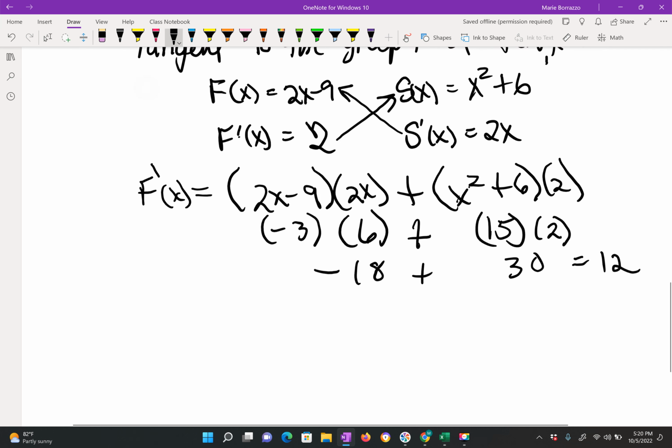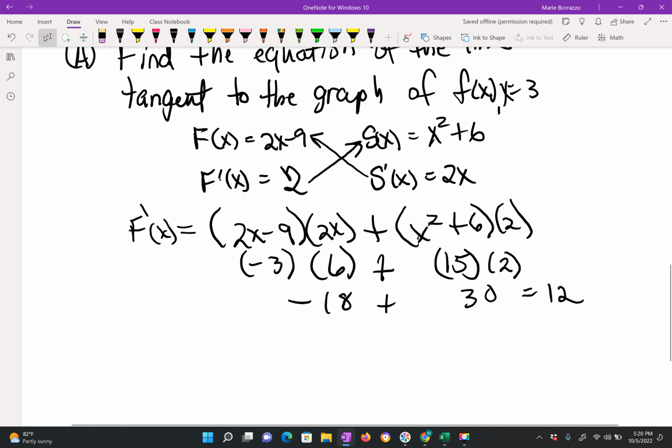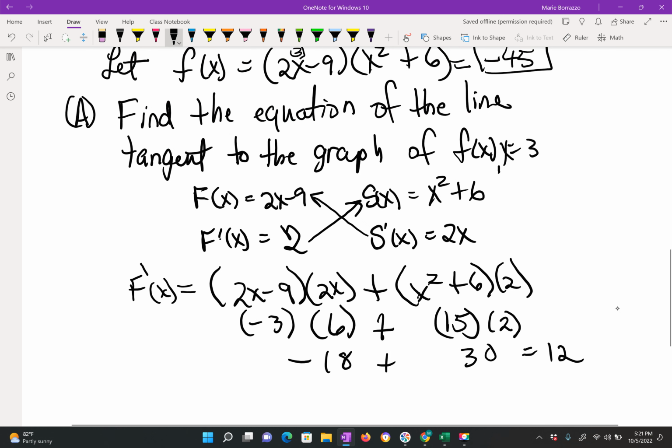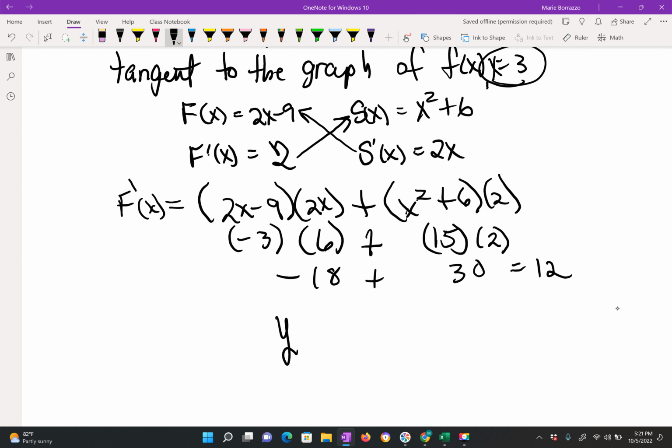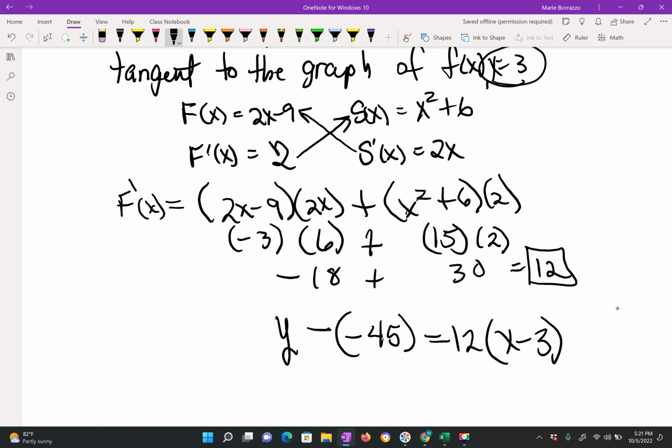So we have two values. They're asking us to find the equation of the tangent line when x is 3. Based on this, we know that y minus 45 is equal to 12, because that's our slope, times x minus 3. Now we solve.